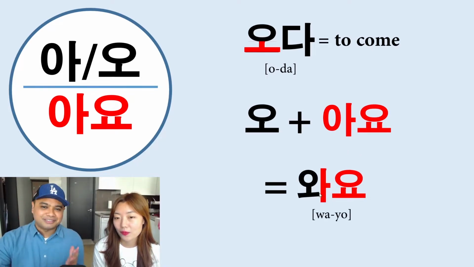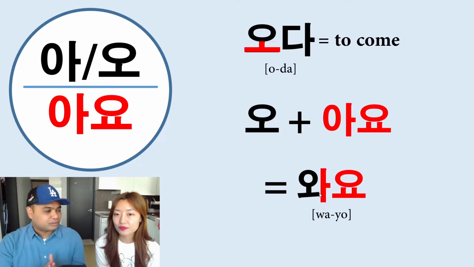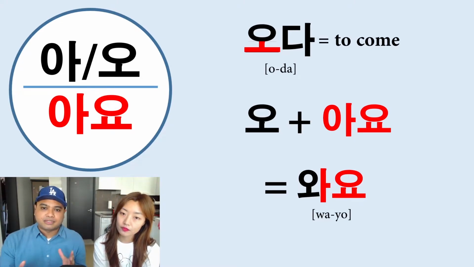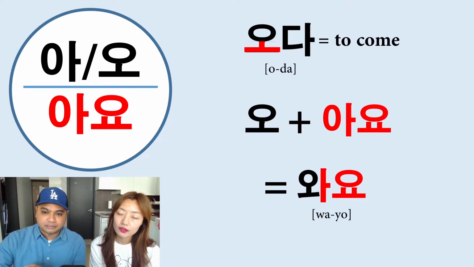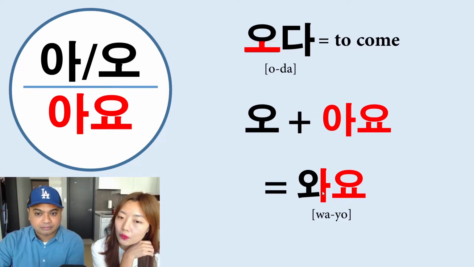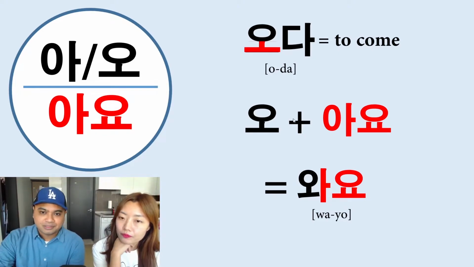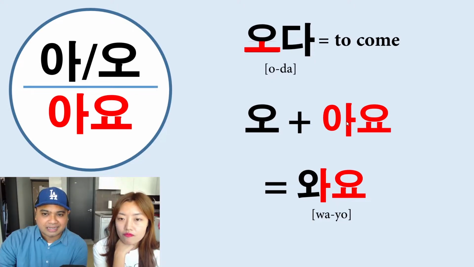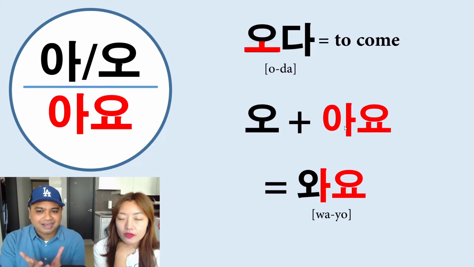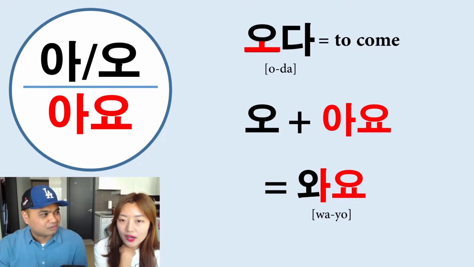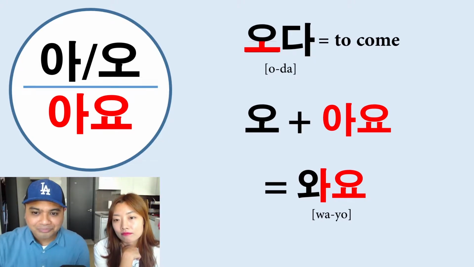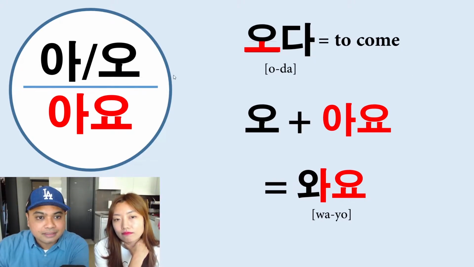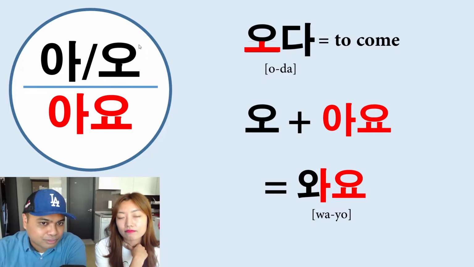Now this is a little more difficult. You've got to remember to combine it together into one syllable. Wayo, so really o and a make wa. It sounds like wa, wayo. And that is rule number 1.